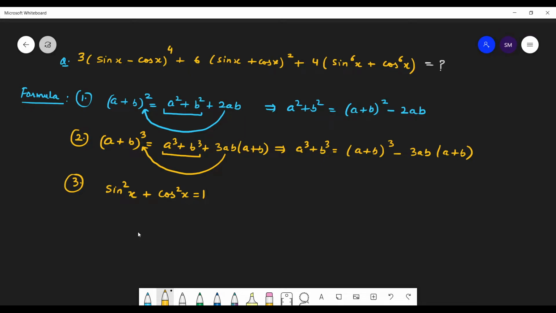Okay, so students, these are the 5 formulas that you should know, very basic formulas, right? So using this third formula, first and second, so using 1, 2 and 3, we have written 4 and 5, right? So note it down, students.